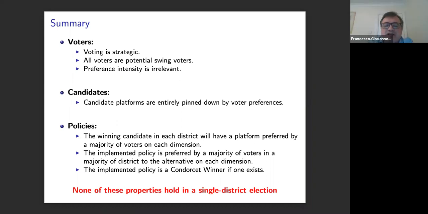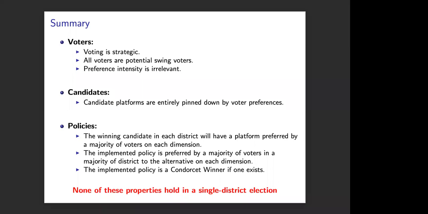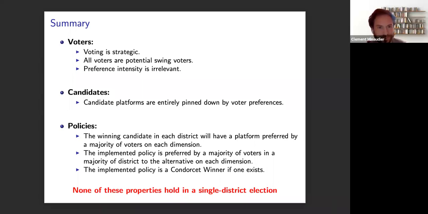Okay, Niall, I have a quick question following up a bit on what Francesco was saying. Hi, Clement. Hi. What I find really cool in that paper is the fact that you managed to bring back strategic voting even with two candidates, which normally you don't have. And so I'm trying to get my head around why you can recover that.